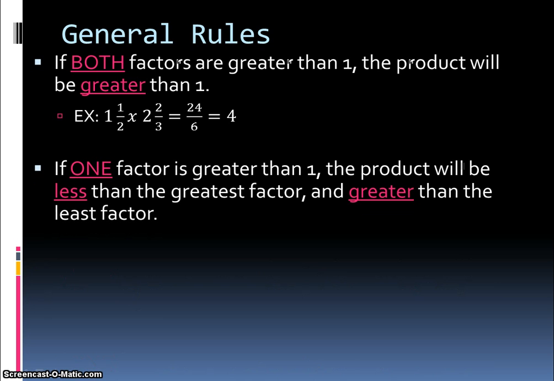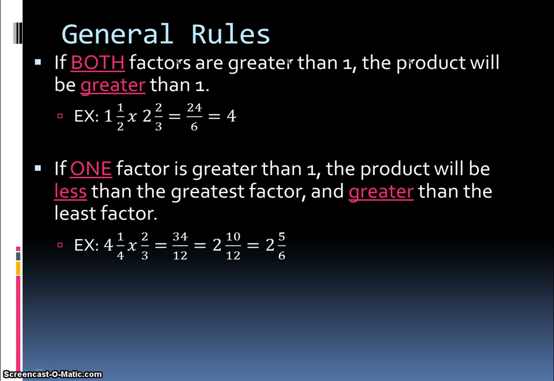Another rule is that if only one factor is greater than 1, the product will be less than the greatest factor and greater than the least factor. In this example, 4 and 1/4 times 2/3, only one factor is greater than 1.